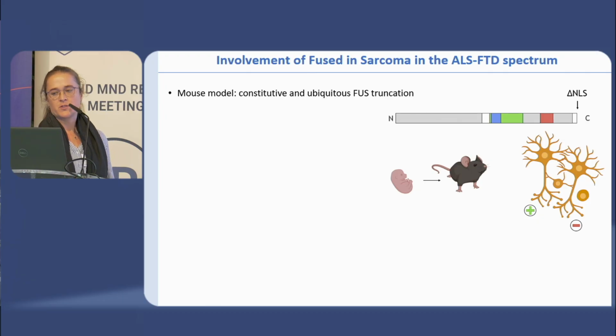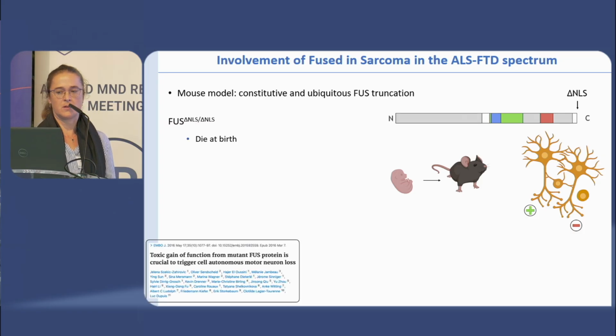So in our laboratory, we generated a mouse model that displays constitutive and ubiquitous FUS truncation and a subsequent FUS mislocalization in all cell types. With a homozygous mutation, we observed the death of the pups perinatally, indicating that FUS is highly involved in the embryonic stage.